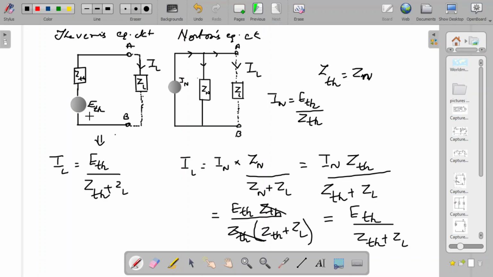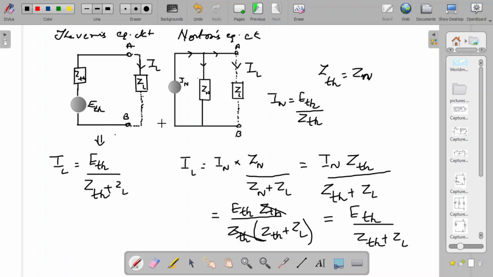But here instead of the voltage source you had a current source, and the impedance is also put in a different way. That is all. And many times you can use both the circuits to simplify the complicated network which is given to you.